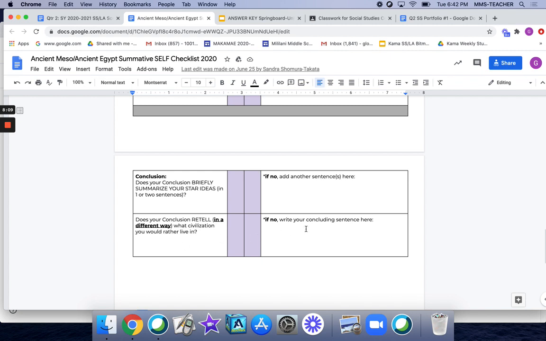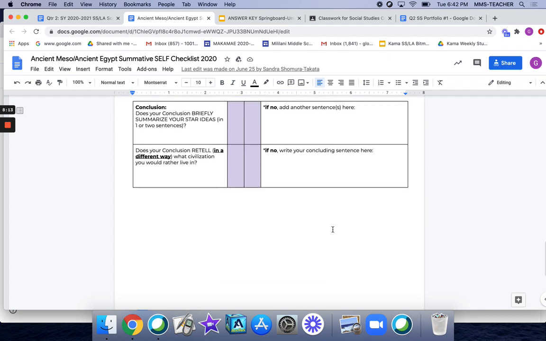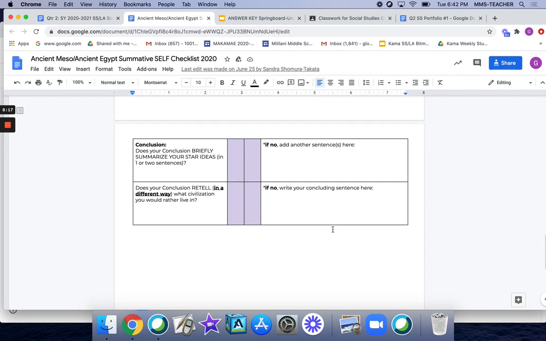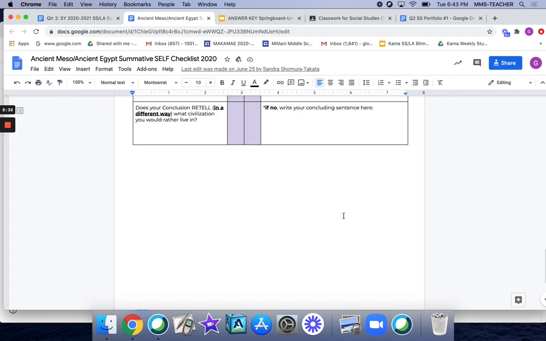And if no, write your concluding sentence here. Now remember what we mentioned when you did your step up to writing before? If you used a topic sentence that was an occasion position, then maybe in your conclusion, choose a different type. Do a however, do something different, okay? But you will summarize your star idea in 1 or 2 sentences, okay?